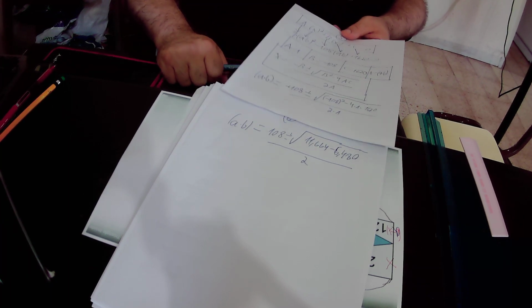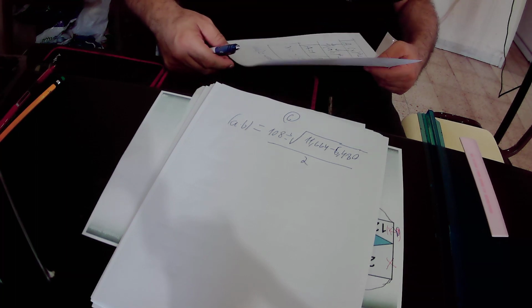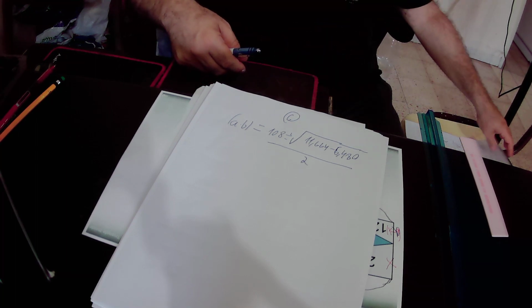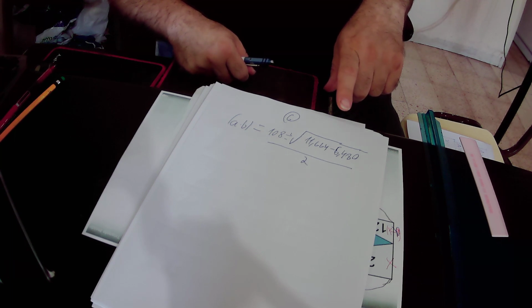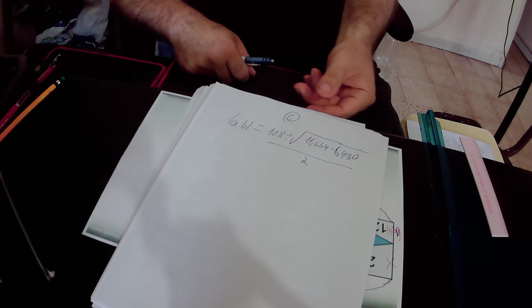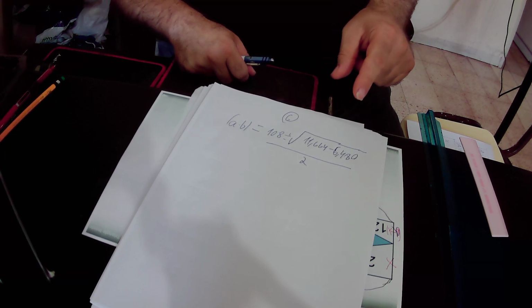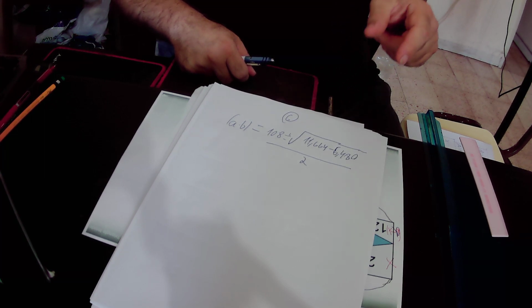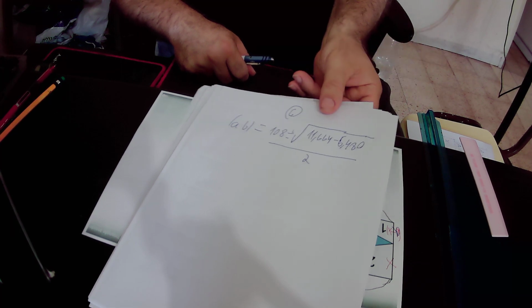Okay, so now we will subtract 6,480 from 11,664, and we will get 5,184.